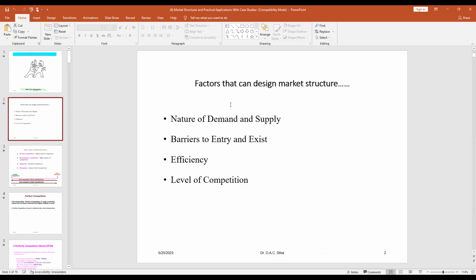Some factors that can design the market structure are the nature of demand and supply, barriers to entry and exit, how many barriers you have or not, efficiency of the market operations, and the level of competition.